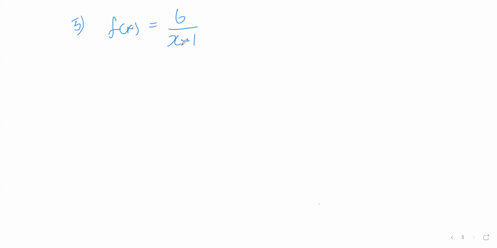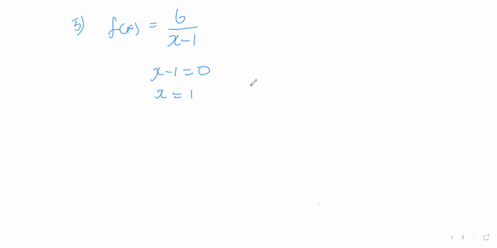Okay, so in solving for the domain of this function, I ask myself, what can make this function not defined? It's only when the denominator is equal to 0. All right, then I solve this equation for x, and x will then be equal to 1.